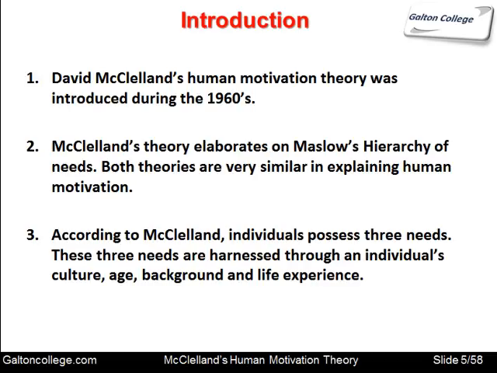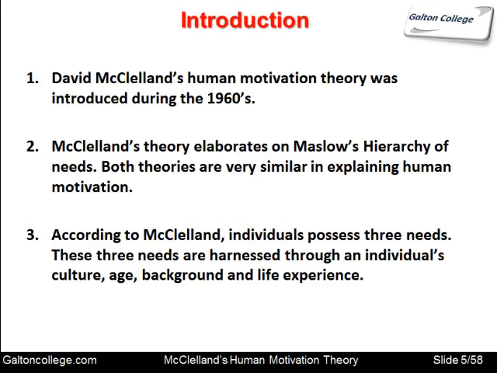So we'll deal with these three needs in a few moments, but for the moment, the needs that individuals have got are based on their background, on their culture, their age, their education, their experiences. They're based on many factors.